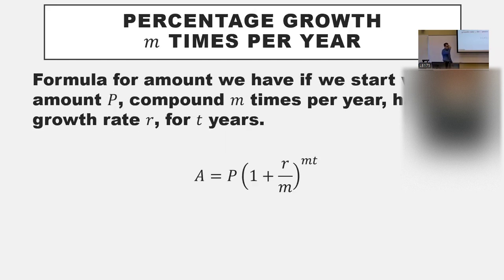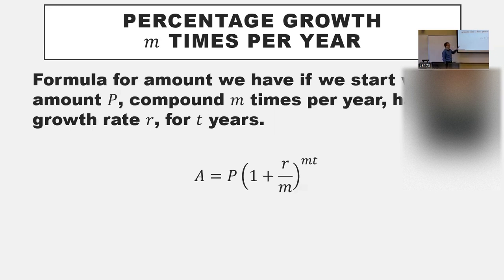Okay. We've already seen a couple of the formulas that we're going to see again, so I'll just remind you of them. If you have a growth rate of R compounded m times per year for t years, and you input P as your principal, then the amount you'll have will be P times the quantity 1 plus R over M, all raised to the mt power.